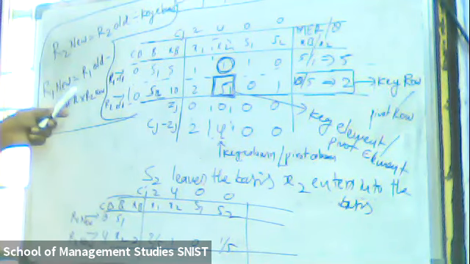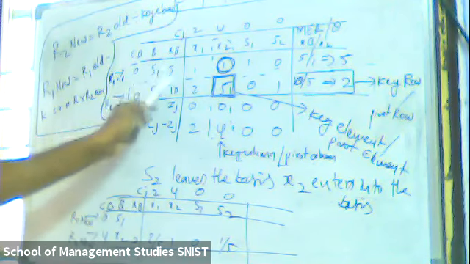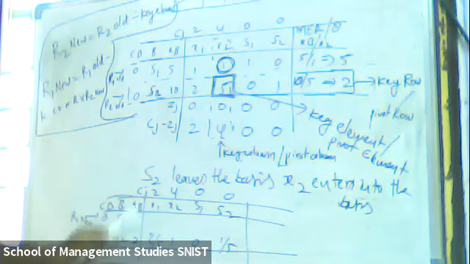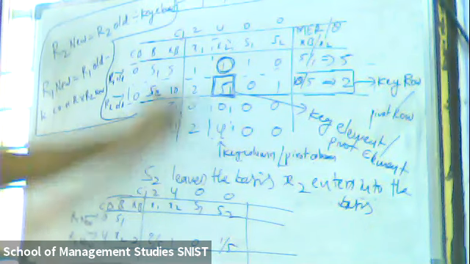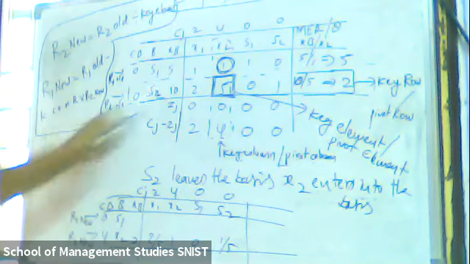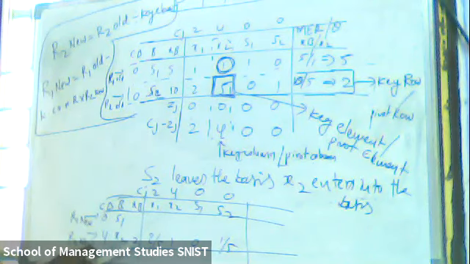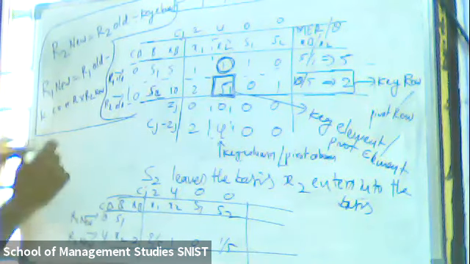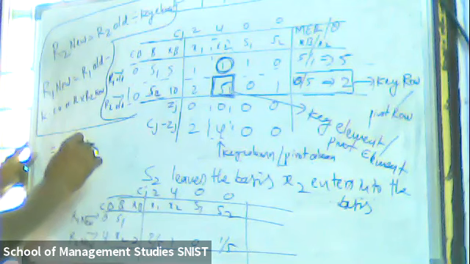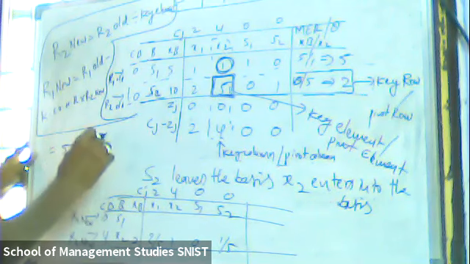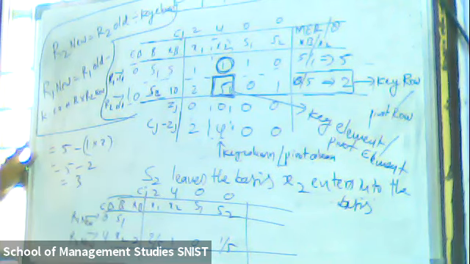R1 new equals R1 old minus key column value of that corresponding row into R2 new value. So to get this value, 5 minus 1 into 2. So how much? 5 minus 2, it becomes 3. Is it clear?